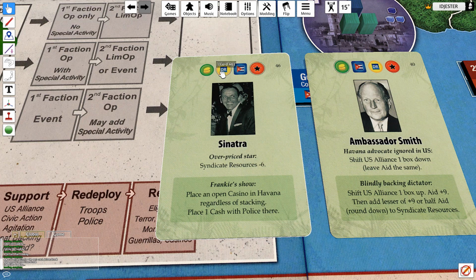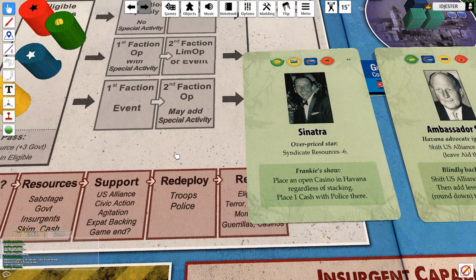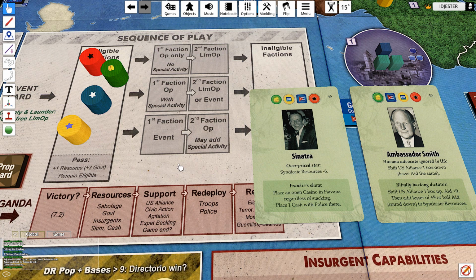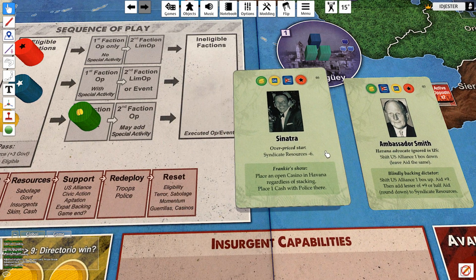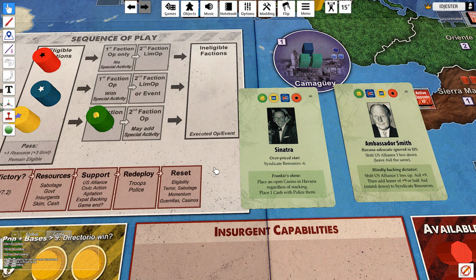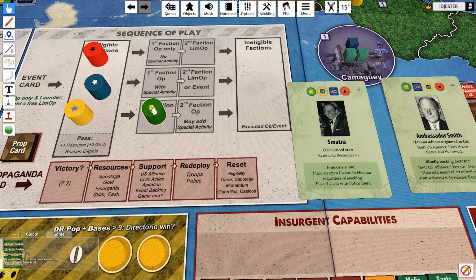The yellow player, so let's see if we can show you this here. So the green player decides to take the event. I'm actually going to slide these guys over just a little bit so you can see that. All right, there we go. So the green player decides to take the event. He plays the event. He does what the event does. So that leaves it up to the yellow player.